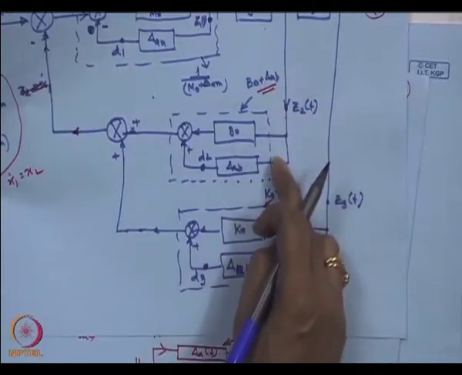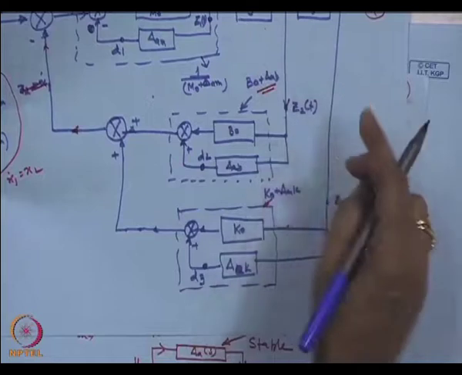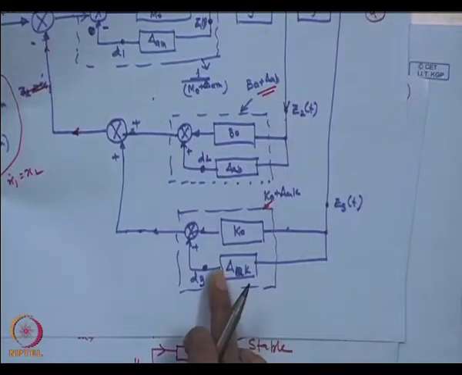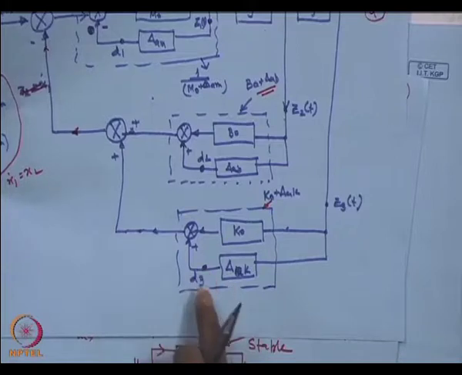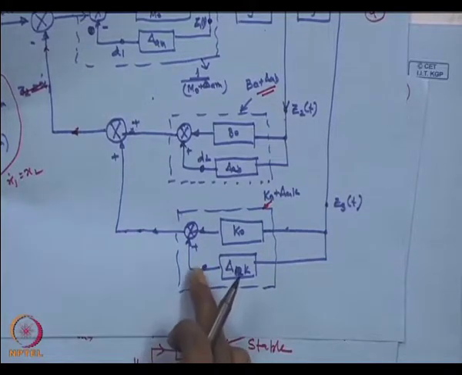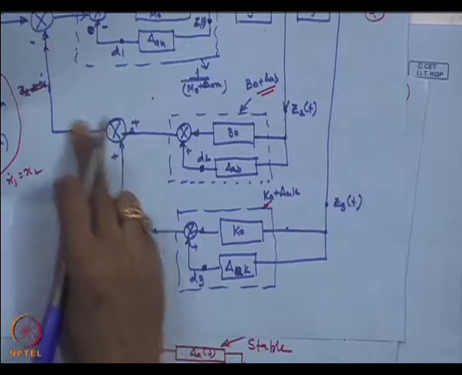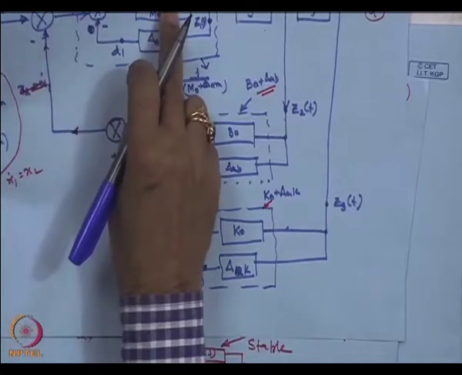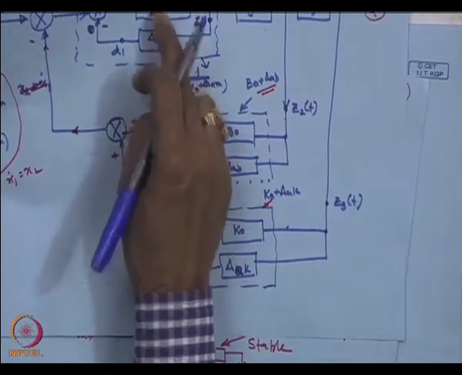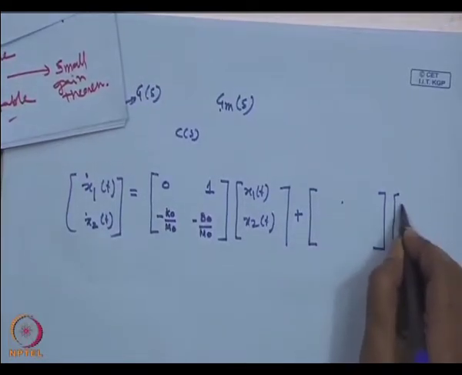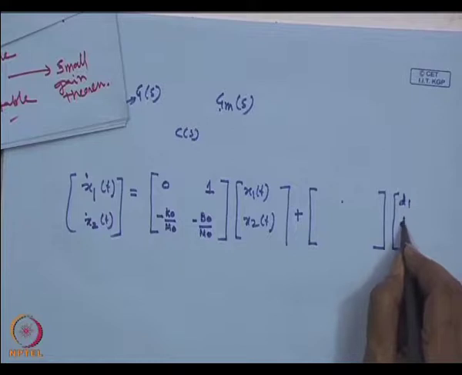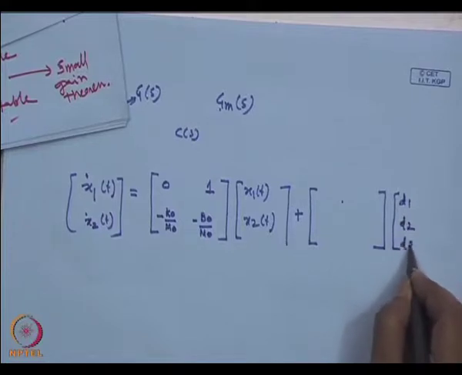Now, coming to the perturbation side, x 1 multiplied by delta k. What is this output? That output is d 3. So, d 3 is coming this way with a minus sign, again multiplied by 1 by m 0. So, I can write d 1, d 2, d 3.